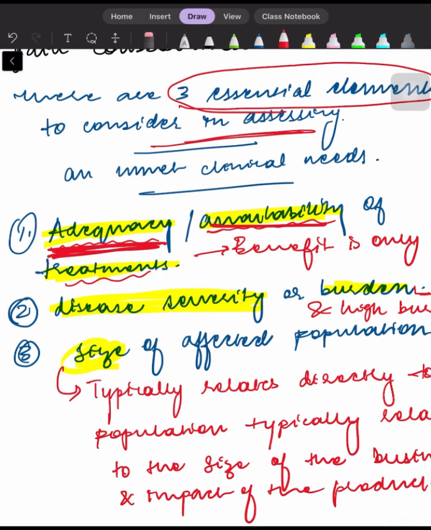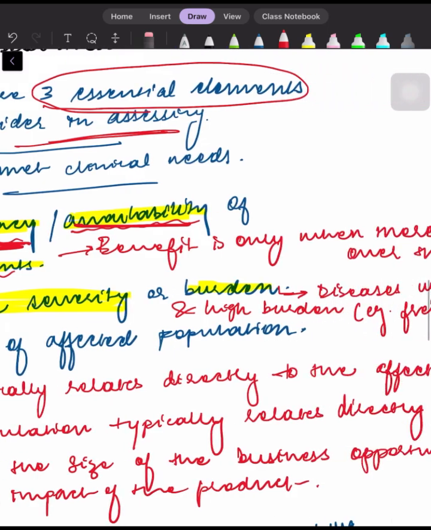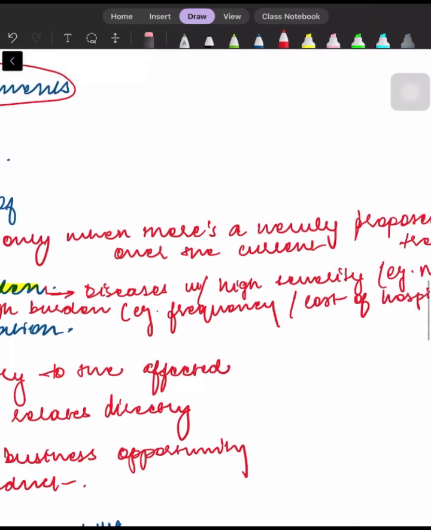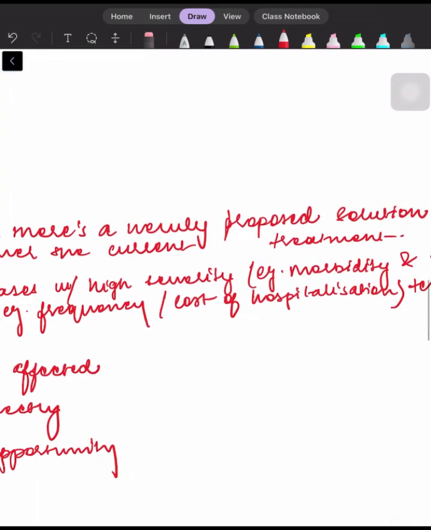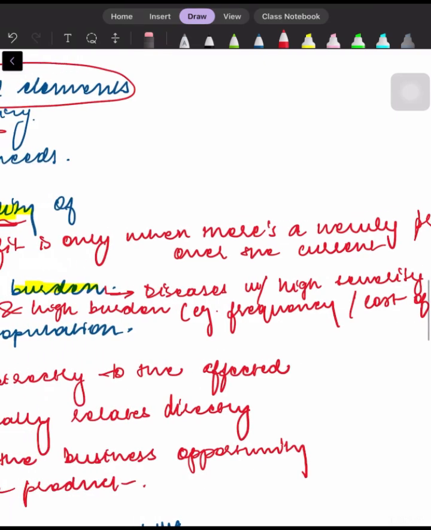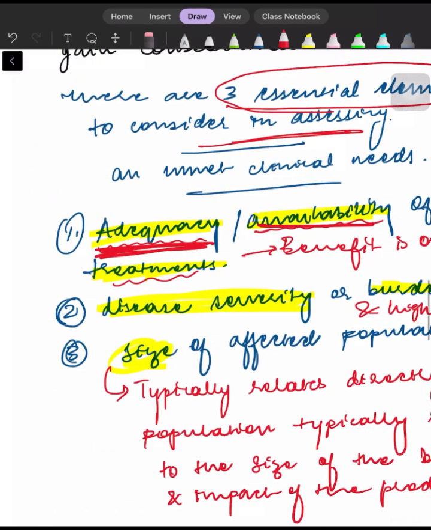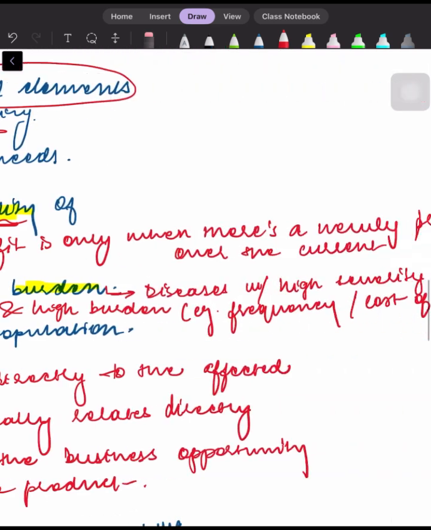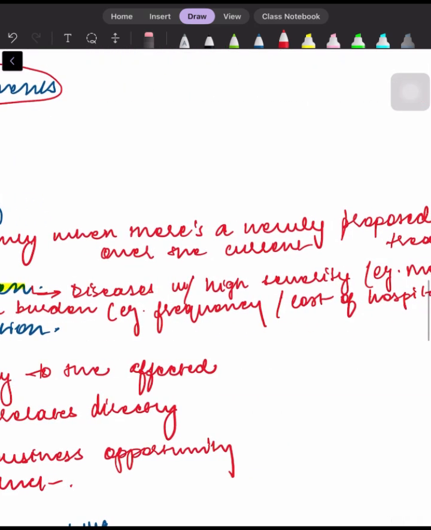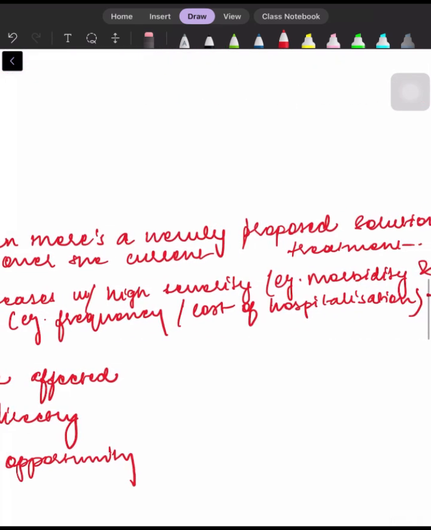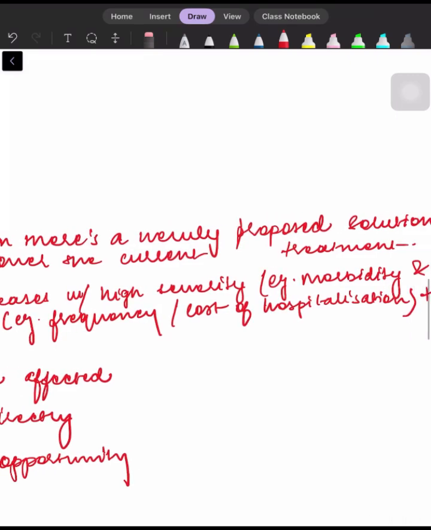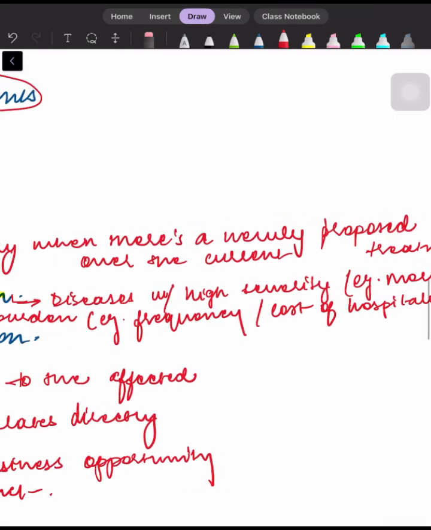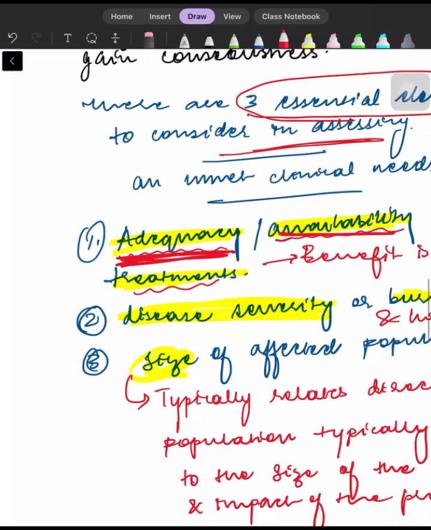So both the conditions are covered. The benefit is only when there is a newly proposed solution over the current treatment. Even if there is an available treatment and you provided a newly proposed solution which was better than the current treatment, then also it would benefit you.